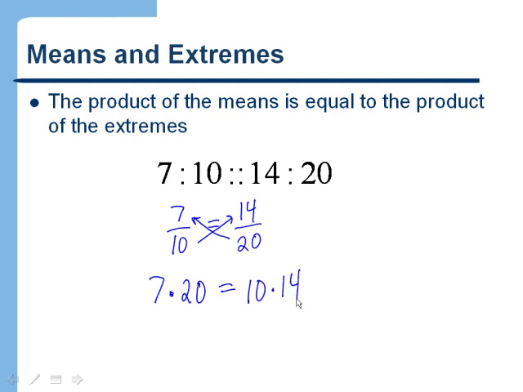You can always cross-multiply like that. So the fact that the product of the means is equal to the product of the extremes is really just cross-multiplication. And we can see that that's true in this case: 140 is equal to 140. And oftentimes when we're solving problems with proportions, we'll use that trick of cross-multiplying.